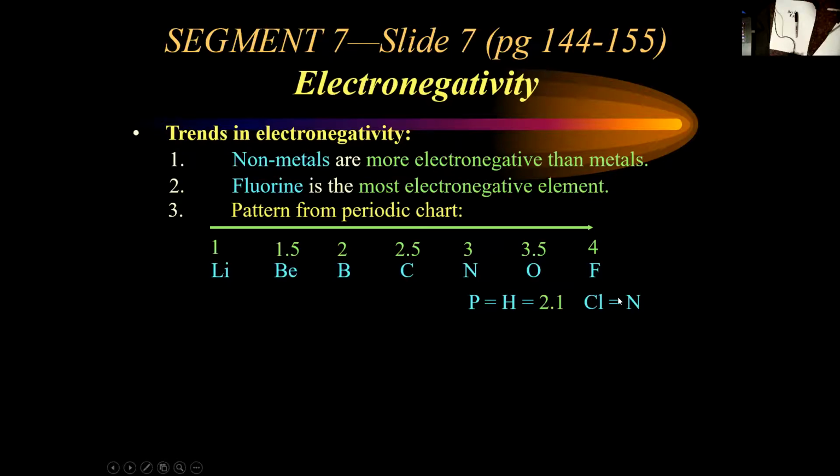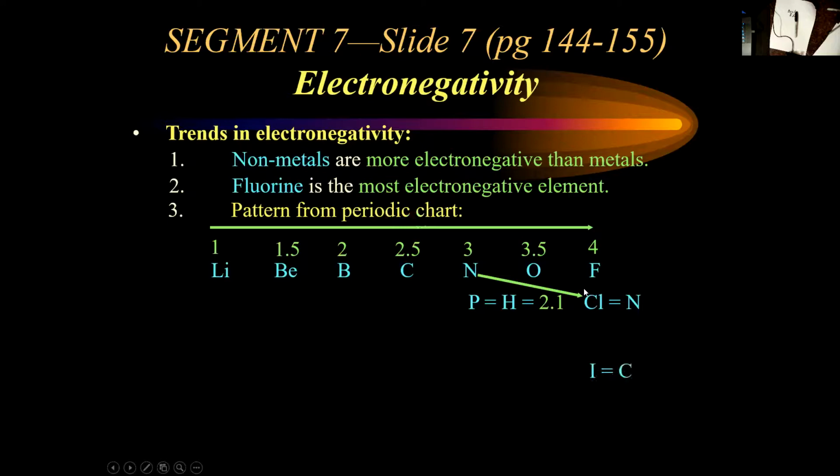Chlorine and nitrogen have the same. If you imagine moving over 1 and down 1, you get from nitrogen to chlorine, the same value. So while we didn't memorize chlorine, if I remember nitrogen, I can generate the value for chlorine. So chlorine is 3 also.